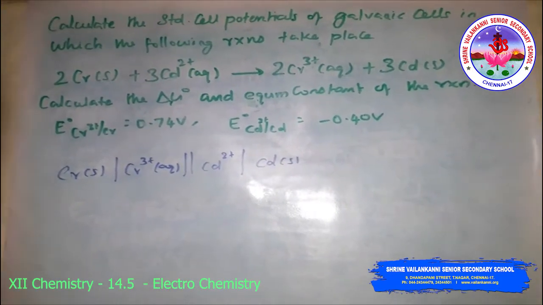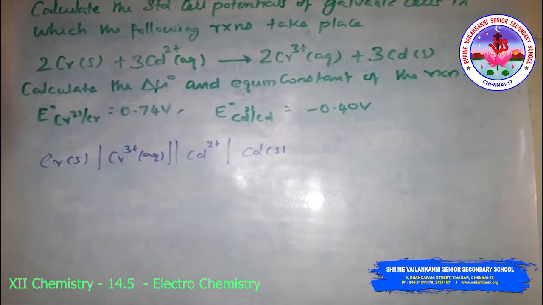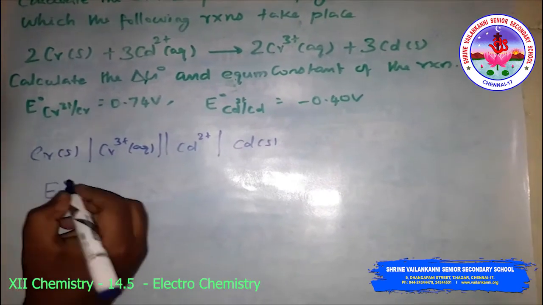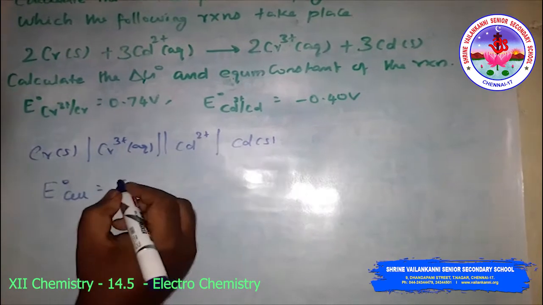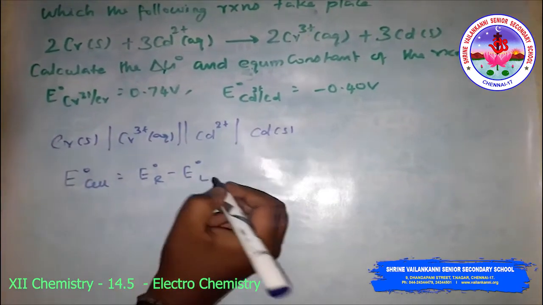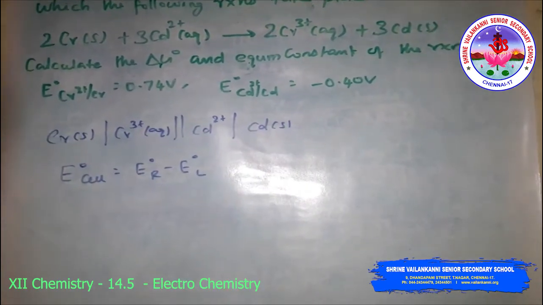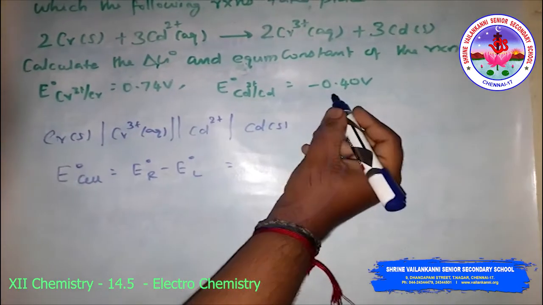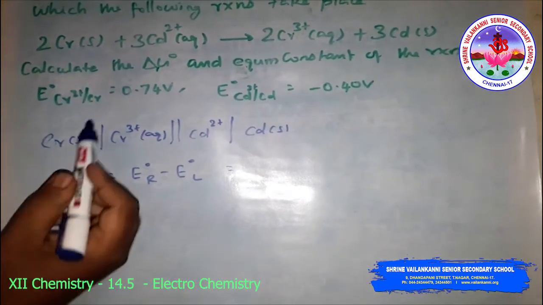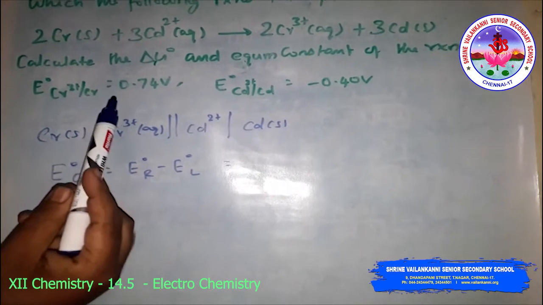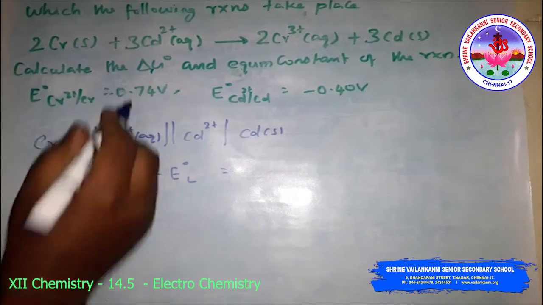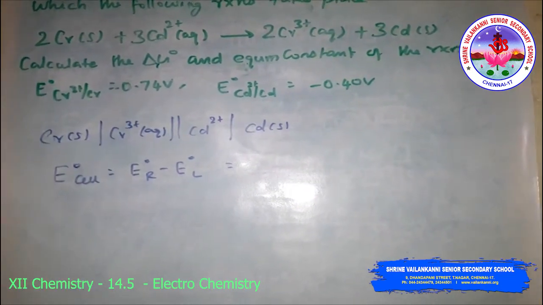Then you have to calculate the standard cell potential, so E naught cell is equal to E naught for right minus E naught for left. Here the right cell is cadmium 2 plus, minus 0.40, and the left is chromium 3 plus, minus 0.74 volt.